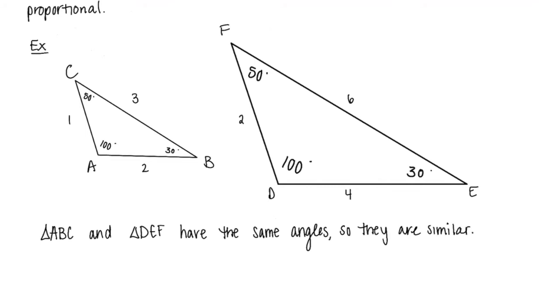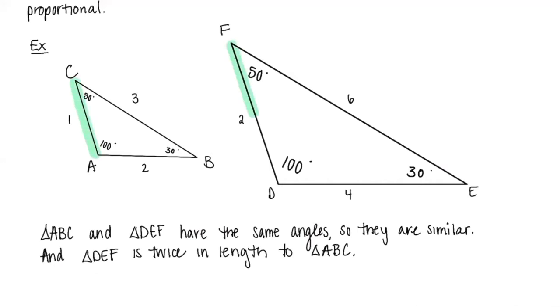And the thing you can notice is triangle DEF is twice in length to triangle ABC. So if I look at side AC and connect the side between the 50 and 100 degree angle, 2 times the length.